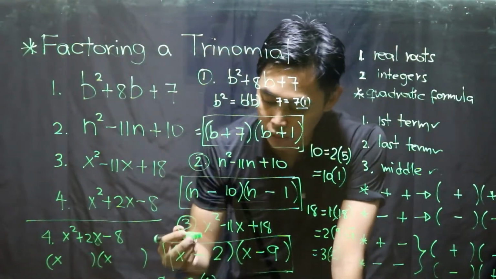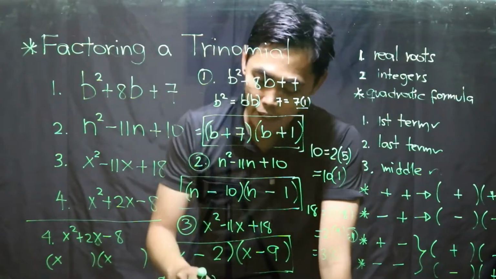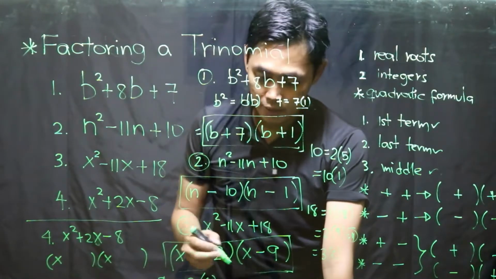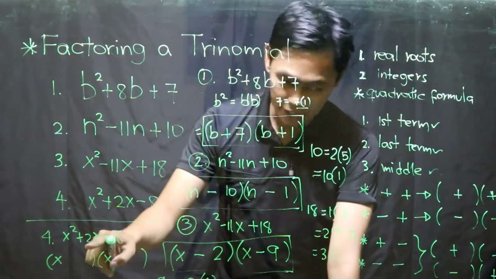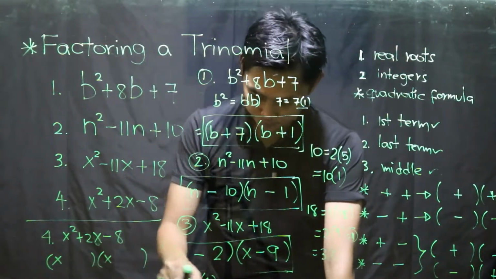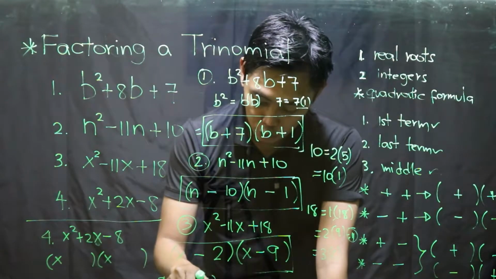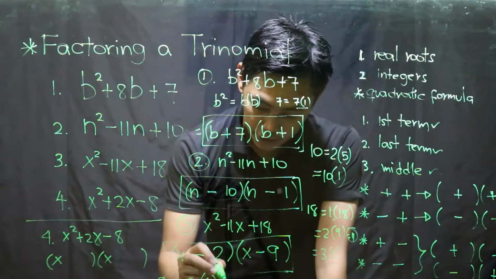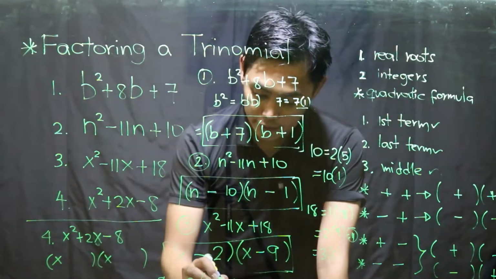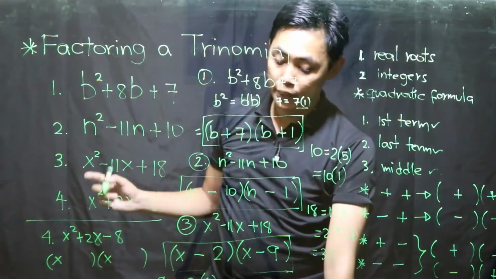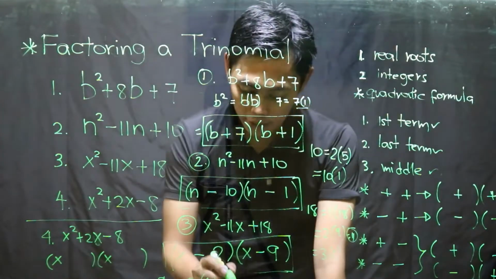So, 8 is equal to 2 times 4 and 8 times 1. Again, we can either add or subtract to get the middle term. So, let's add first. 2 plus 4, this is 6. Not what we need. 8 plus 1, this is 9. So, also not what we need. So, cancel.